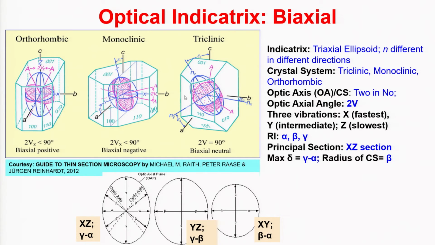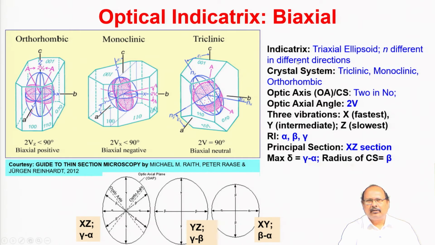Now, let us come to another mineral group called the biaxial mineral group. As you see here, the terminology tells us that there are two axes, so immediately we know that there are two optic axes. In the case of a uniaxial mineral, there is one optic axis; in this biaxial mineral, there are two optic axes.